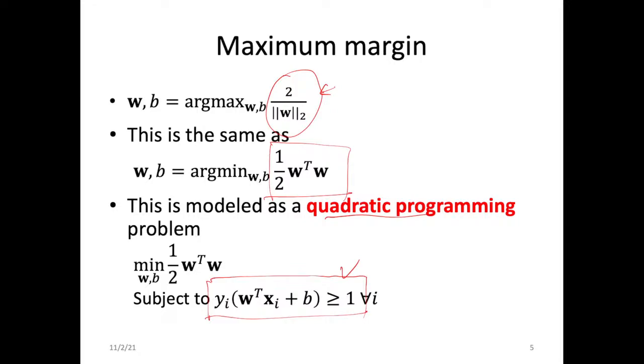Okay, we are talking about training instances. Of course, for test instances, there might be a different story. But for training instances, they have to follow this constraint. And we want to maximize the margin, which is equivalent to minimizing the inverse of the margin.